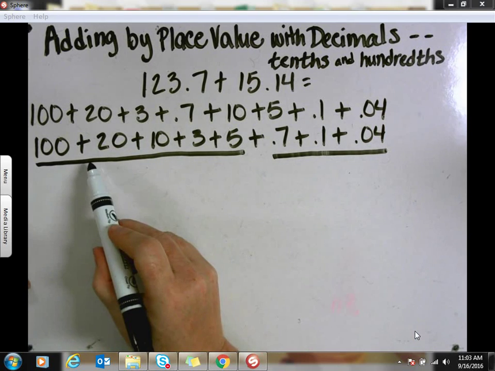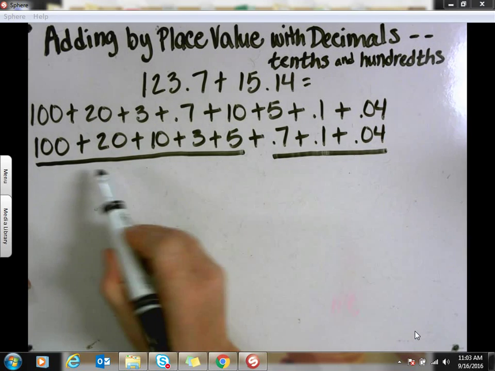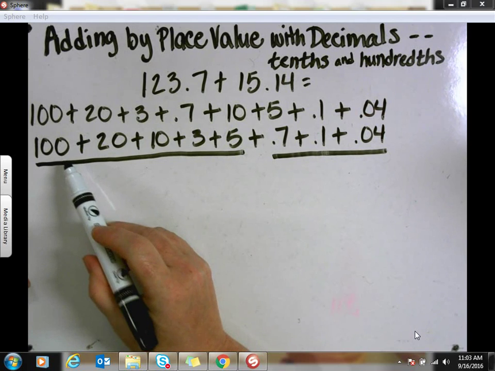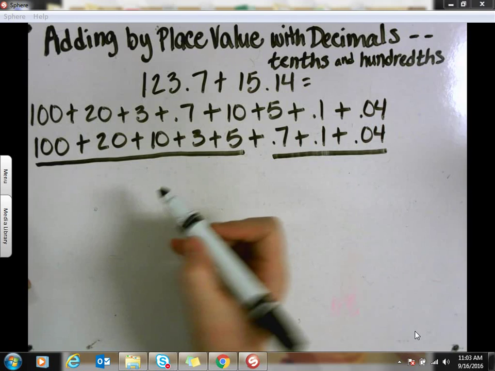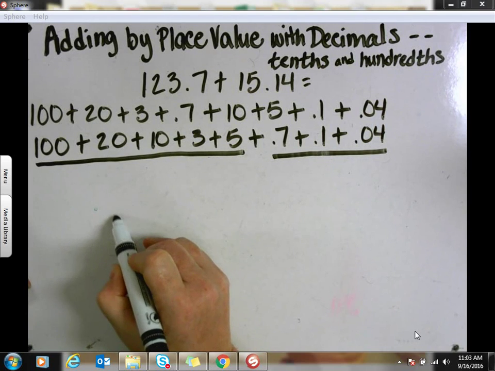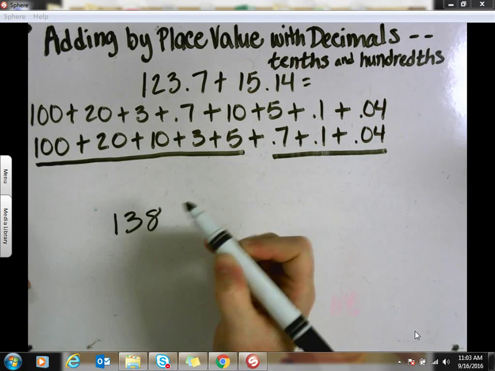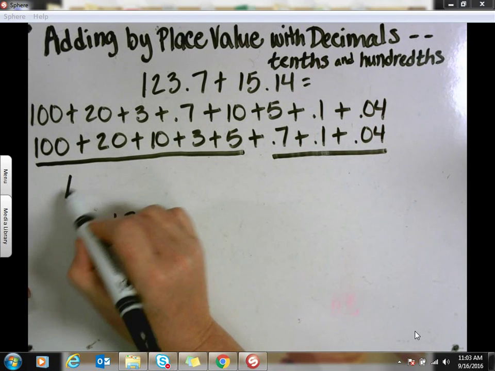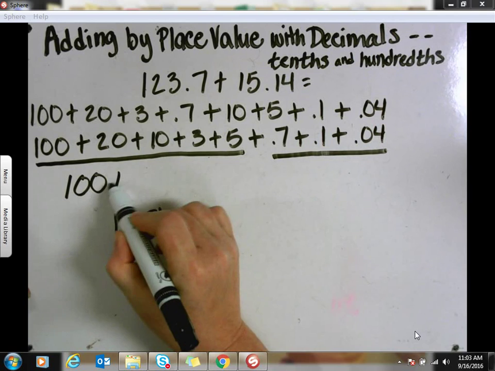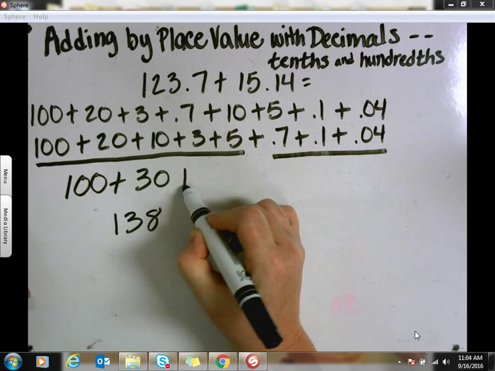When I look at this number, I see 100, I see 30, and I see 8. If you see that, you can write the number as 138. Or I could write it as an expanded equation: 100 plus 30 plus 8.